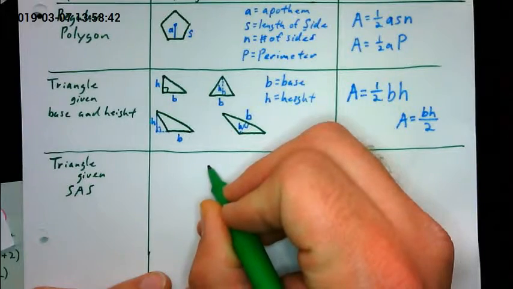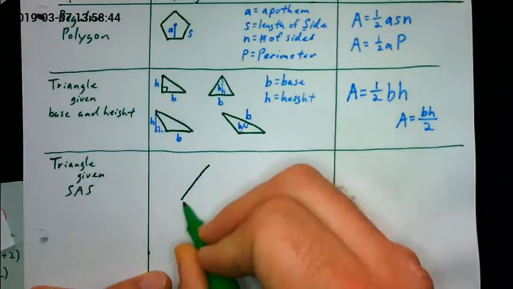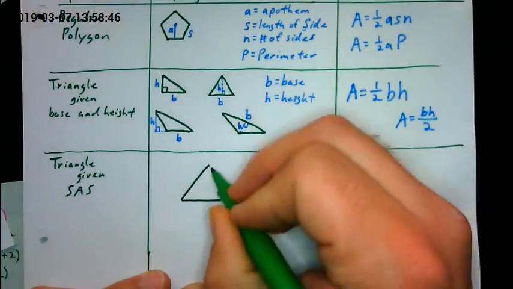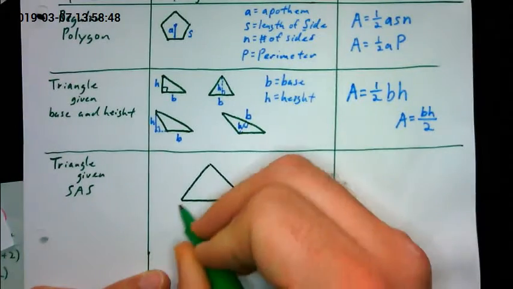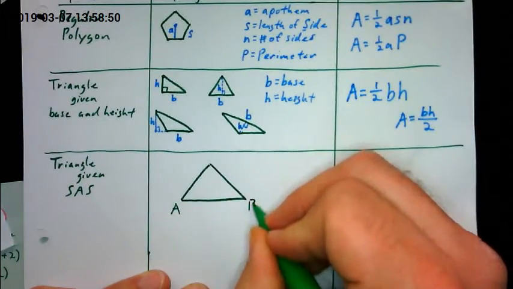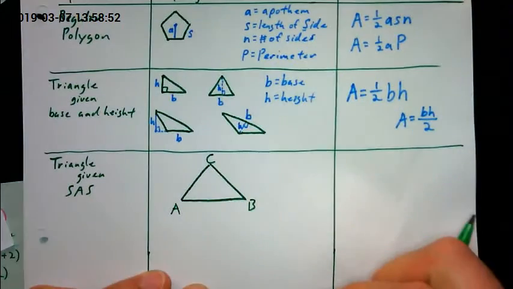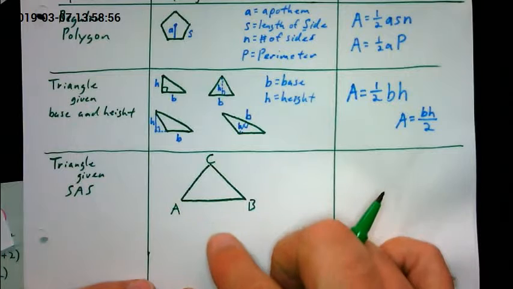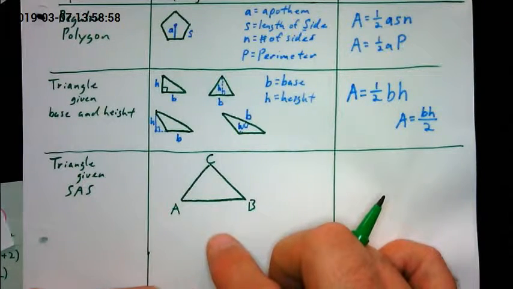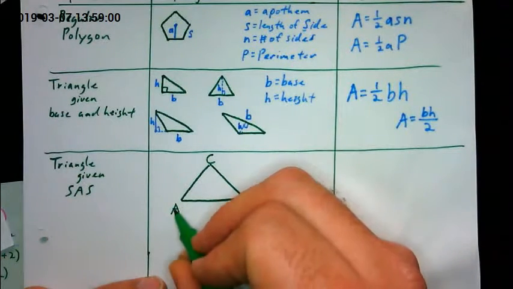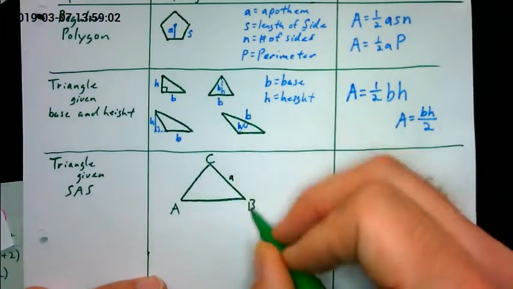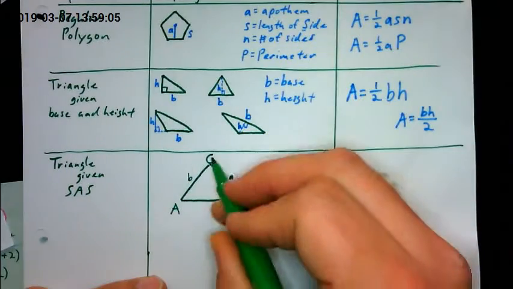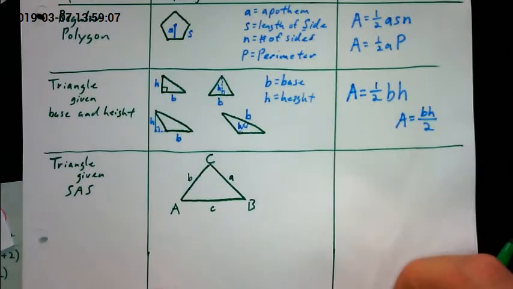I'm going to draw a triangle just like in our trig section, with vertices A, B, and C. All capital letters at the vertices, and the sides are labeled with lowercase a, b, and c across from them. That's A, this is lowercase a. That's B, this is lowercase b. That's C, this is lowercase c.